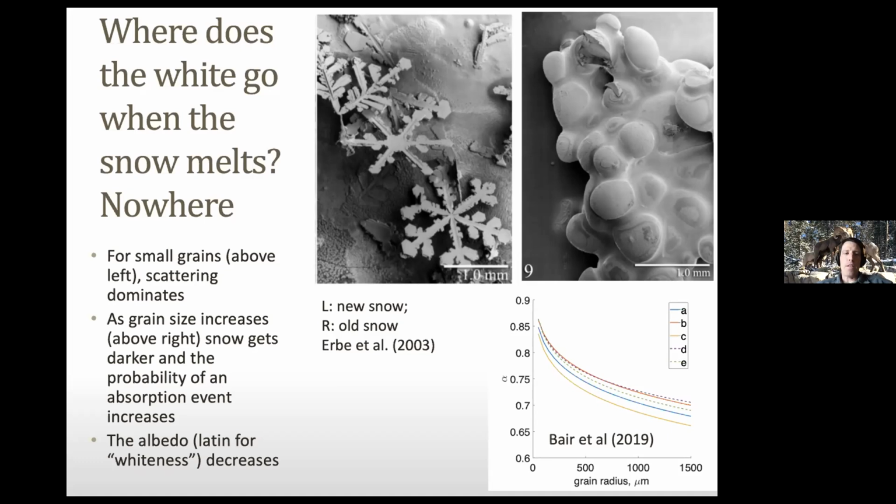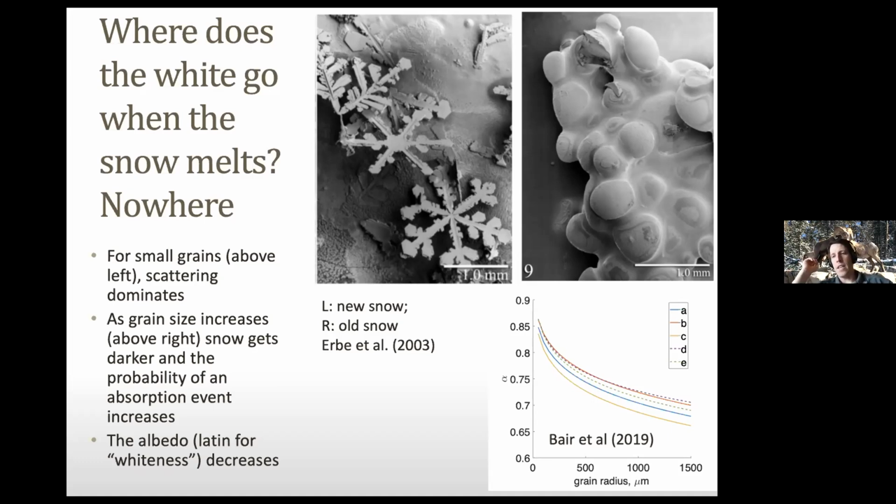So what happens is the albedo, which is a Latin word for whiteness, decreases. What that graph in the lower right-hand corner is showing is called the broadband albedo, so that's across all the wavelengths of the sun. It's showing that your reflectance is decreasing as you increase your grain size.